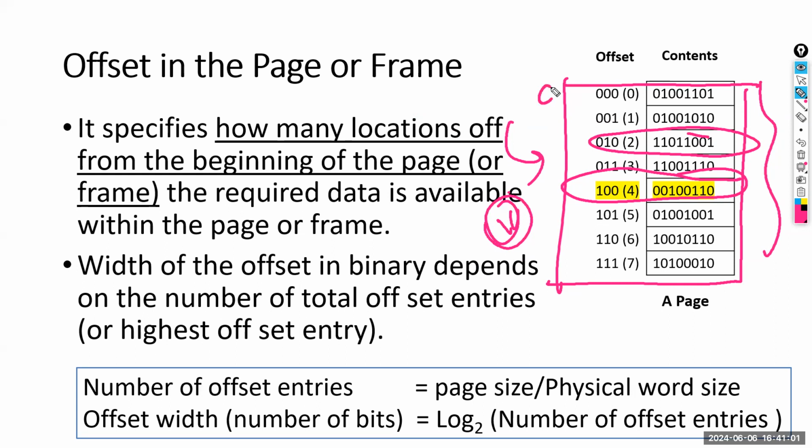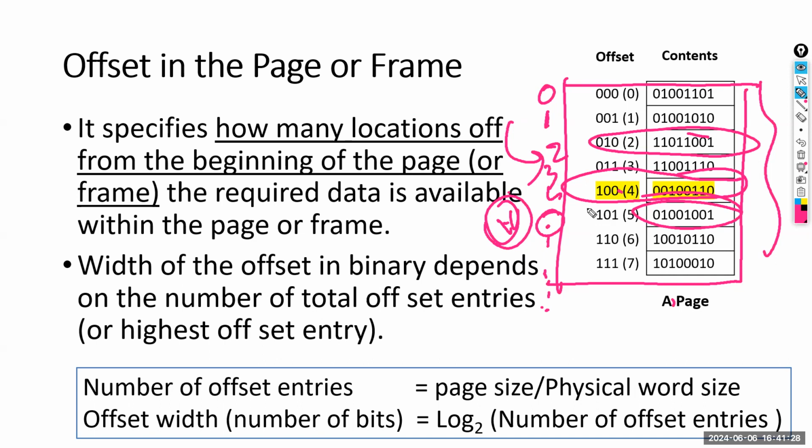This is the 0th offset content, this is the first offset content, second offset, third, fourth, and so on. Therefore, if you know the page number and the offset, you know exactly what the content in that memory is. If it is a logical memory address, you must know the page number and offset. If you are referring to the physical memory, you must know the frame number and offset.